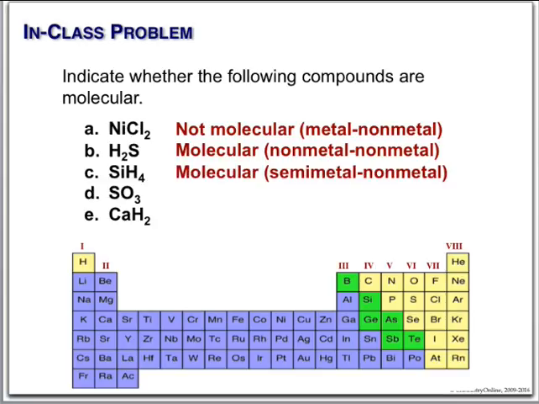Molecular compound. Sulfur trioxide. Sulfur, right here, it's yellow. You know that. Oxygen's right above it. It's a nonmetal too. These are covalent bonds. It is molecular.